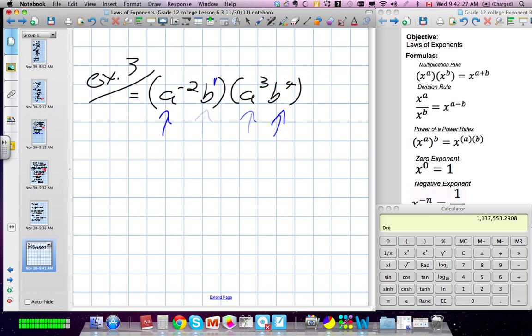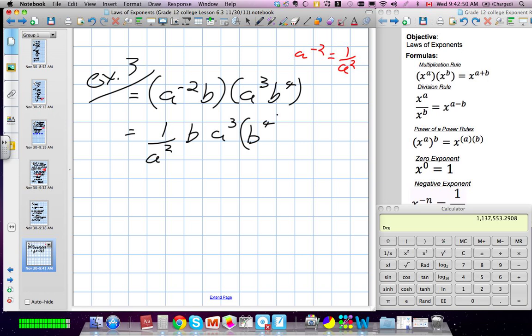So now, because these are all multiplied by each other, luckily I can do them in any order. I'm going to get 1 over a to the power of 2 times b times a to the power of 3 times b to the power of 4. So I can actually separate each of these and then multiply them. Now I want to collect my like terms.